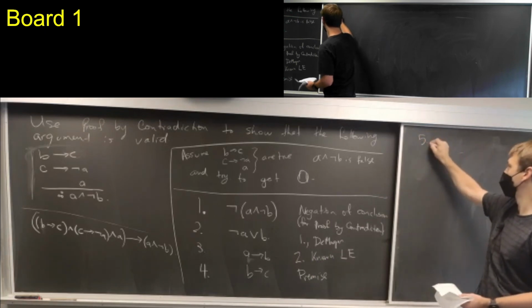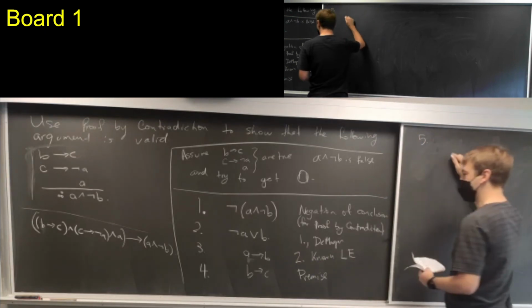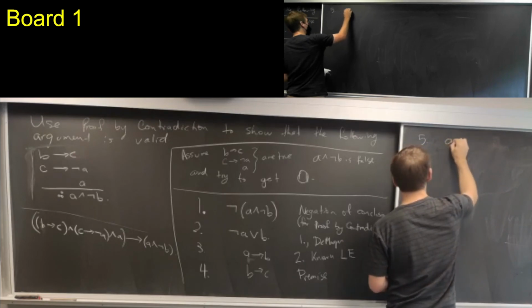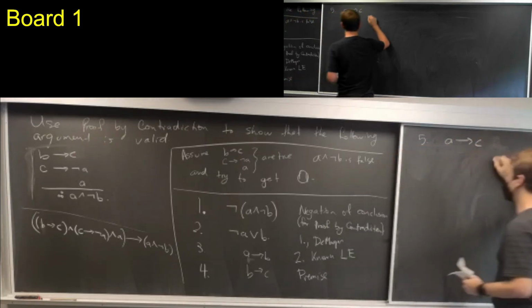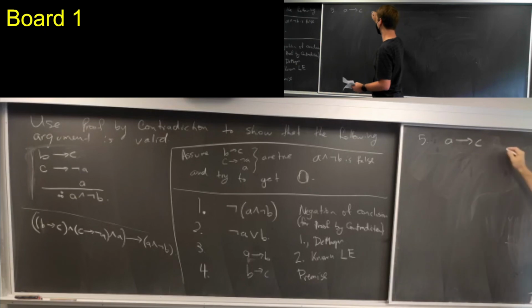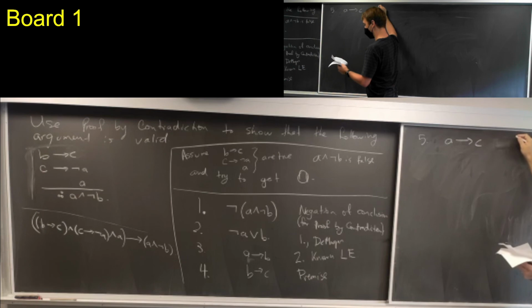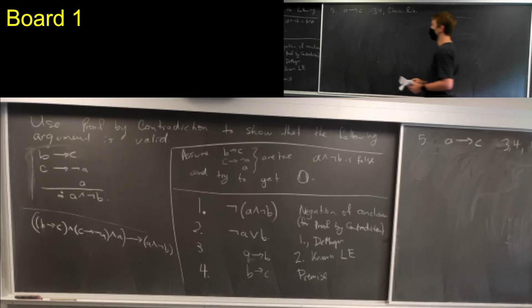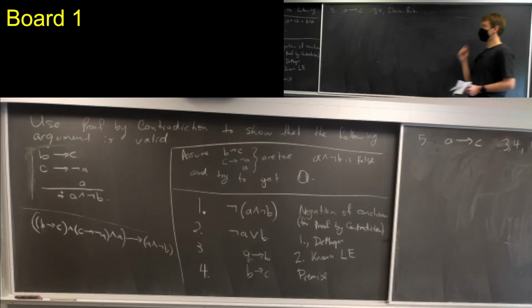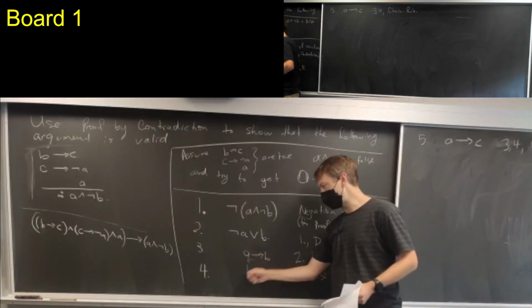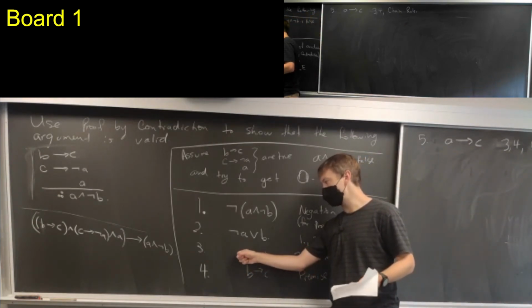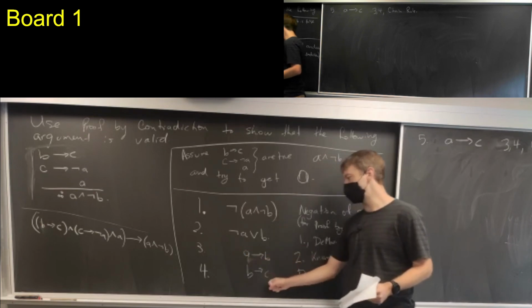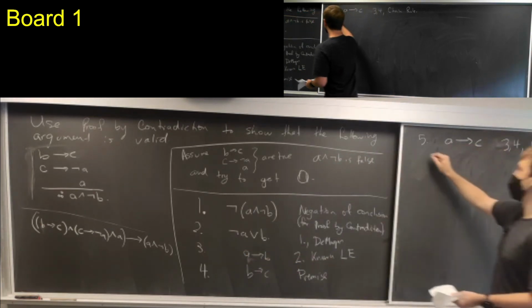These things get a bit long, to be honest, but hopefully the procedure is clear. This is by 3 and 4 and the chain rule. Chain rule, remember, says if I've got A implies B, B implies C, that logically implies A implies C. I'm going to do that again.